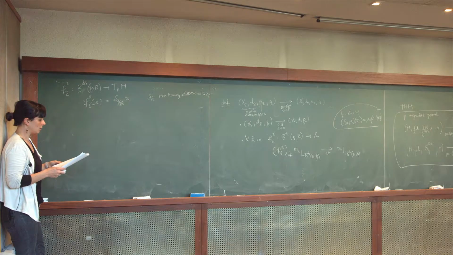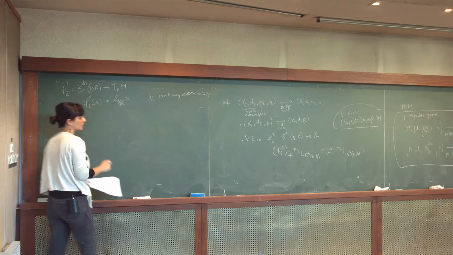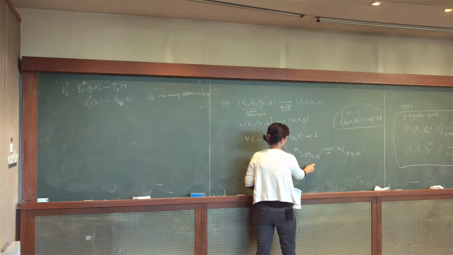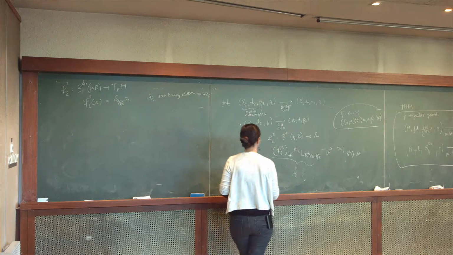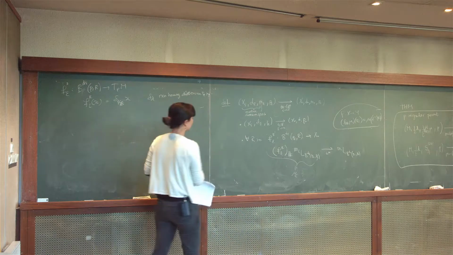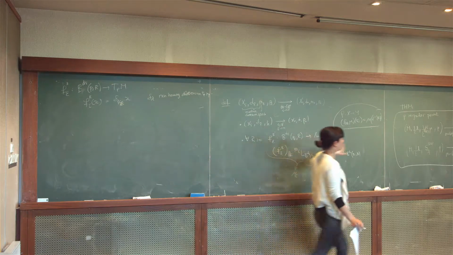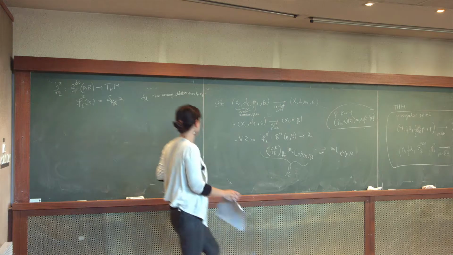So what do I have to prove? Let's call this measure over here mu epsilon. So I'm taking mu epsilon to be mu over epsilon to the power q.